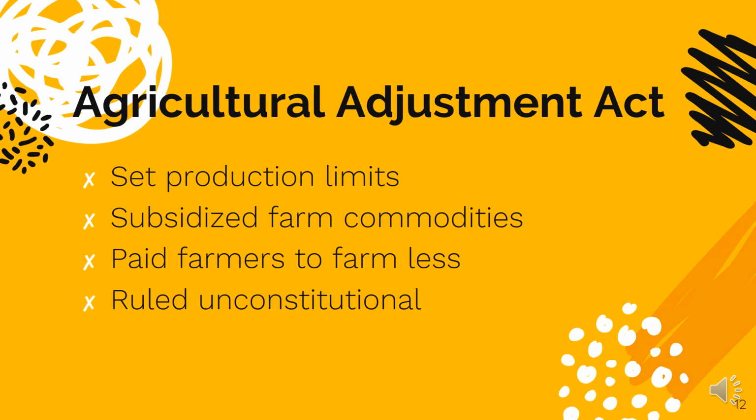Congress did have other attempts to help farmers. They passed the Soil Conservation and the Domestic Allotment Act in 1936, and this one reduced crop acreage by paying farmers to plant crops that would conserve the soil.